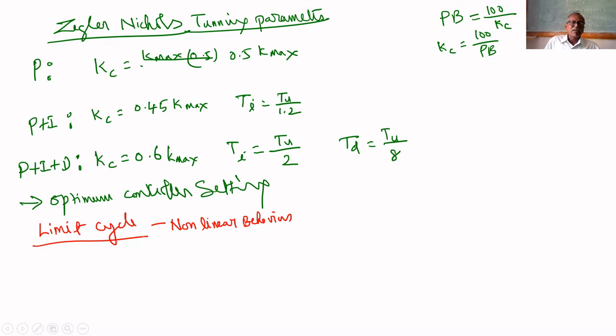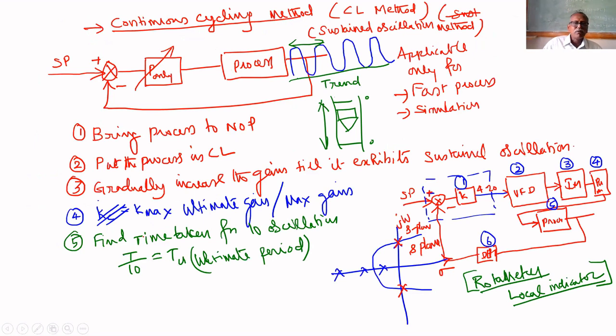But the valve can open only 100%, so it will go to the maximum value and stay for some time. This can be noted in the bob. If you increase beyond Kmax, the rotameter bob will go and stay there for some time, then come down. It will come to the bottom and stay for some time, then go up. That is called limit cycle behavior.